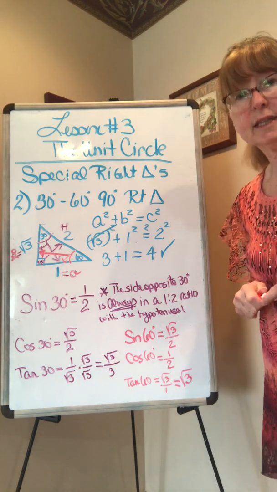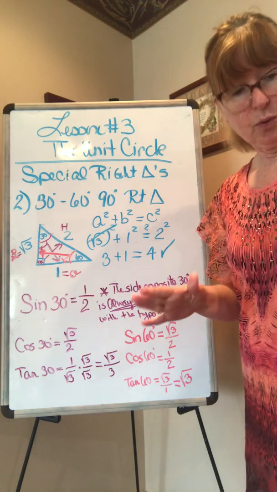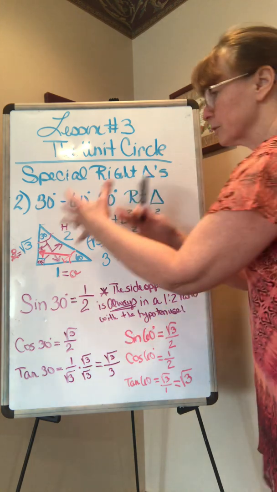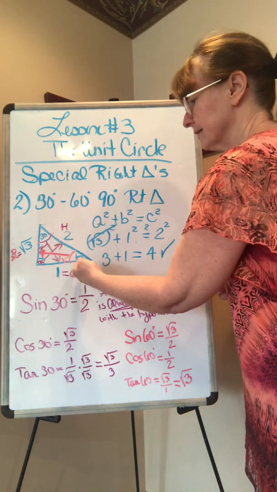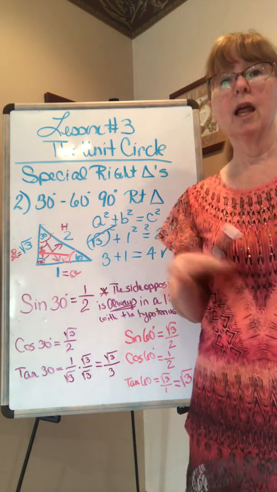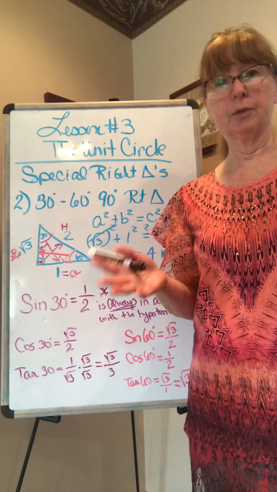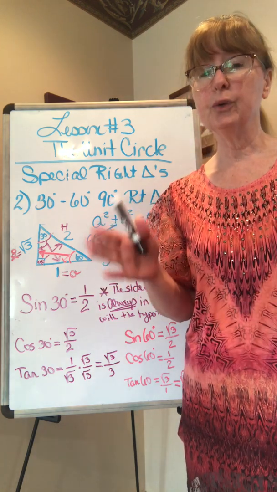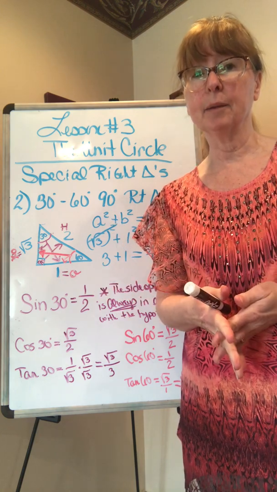I want you to notice, very, very important to please make note. In the same triangle, 30 degrees and 60 degrees add up to 90. If you remember back in middle school, and I think in Algebra 1 too, they would be called complementary angles. Two angles that add up to 90 are complementary.